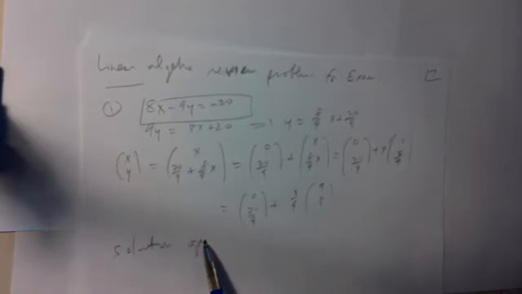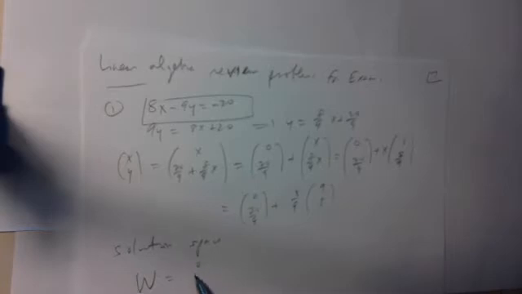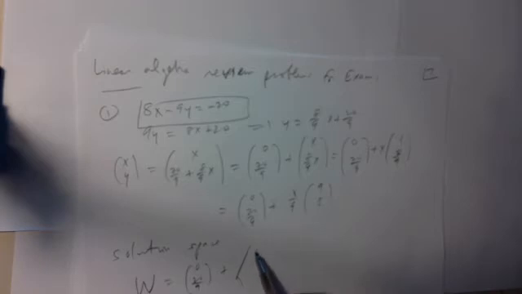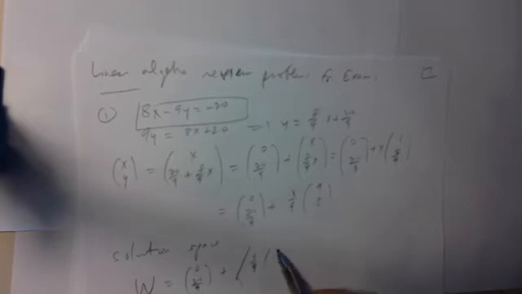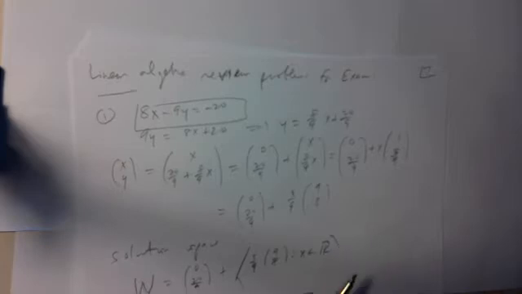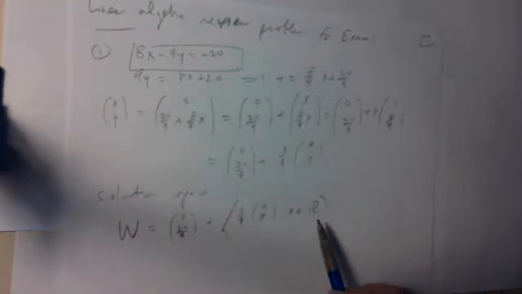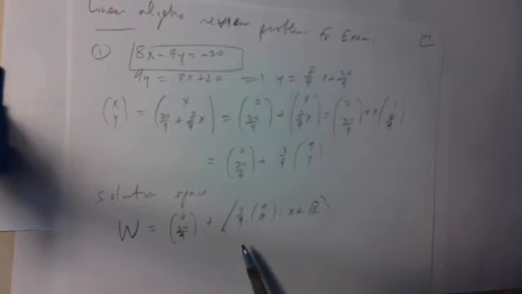So the solution space is, let's say W, it's 0, 20 over 9, that vector, plus the set of all vectors of the form x over 9 times 9 over 8 for any real number r. But of course, as x runs through all the numbers, so does x over 9.